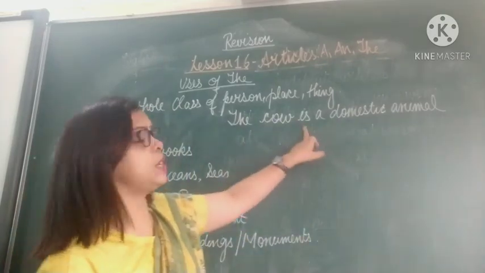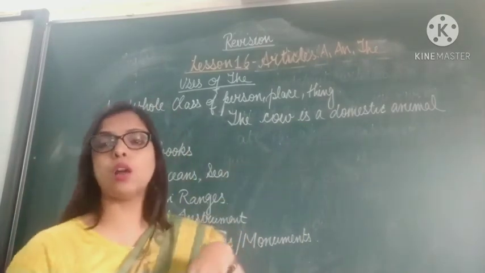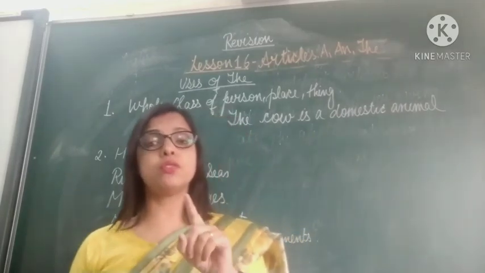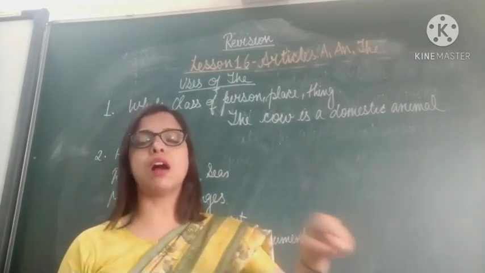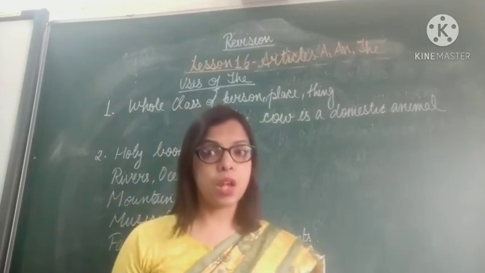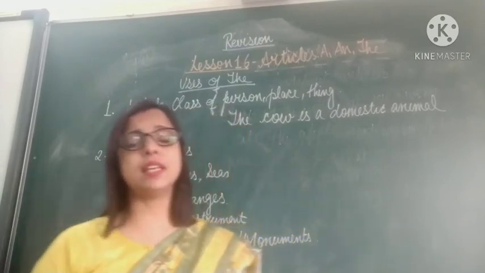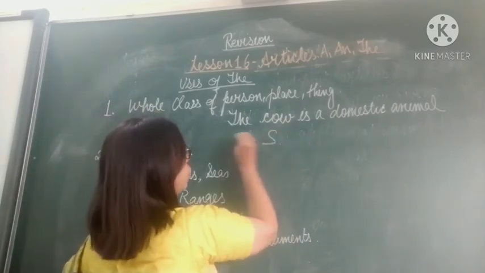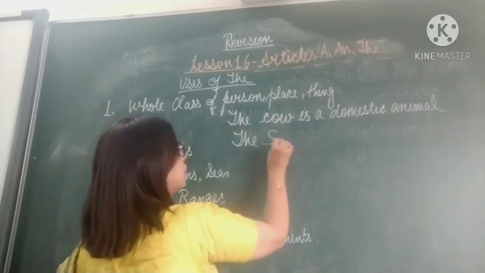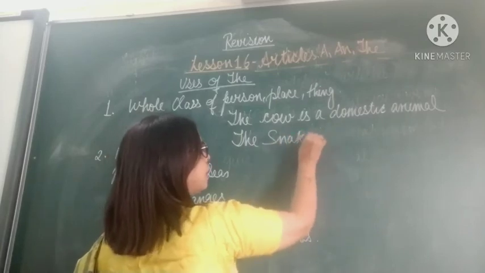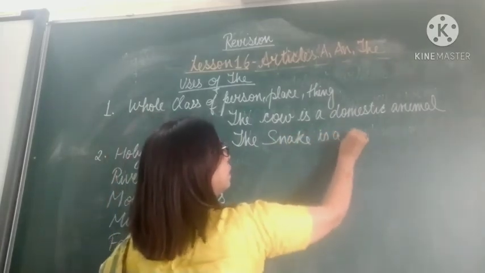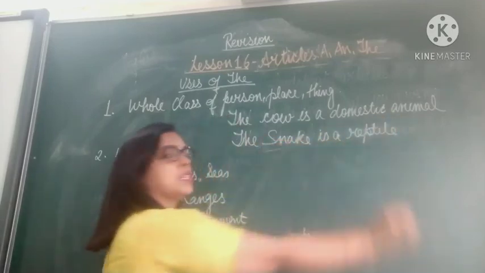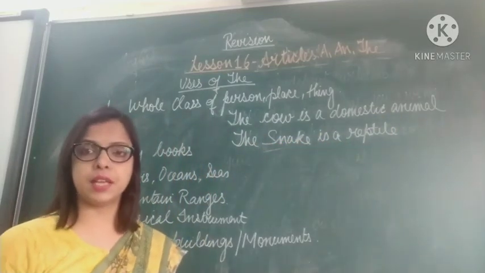The cow is a domestic animal, or cows are domestic animals. But do not write "the cows are domestic animal." That will be wrong. If I say, the snake is a reptile, yes, the snake means the whole class of snake I am talking about.